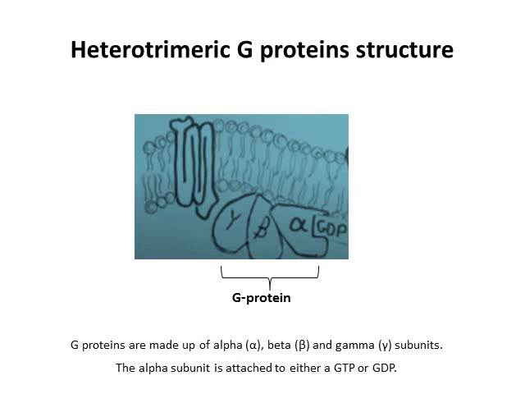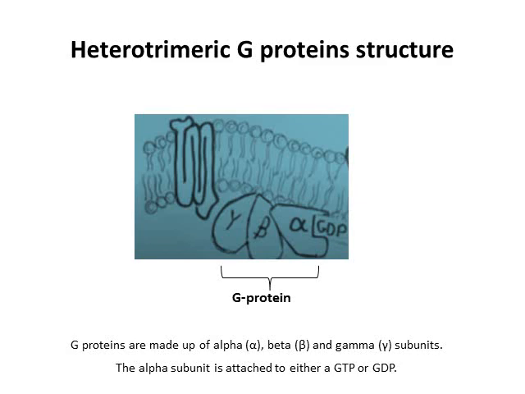The alpha subunit is attached to either a GTP or GDP. When GDP is attached to G protein, the G protein is inactive.